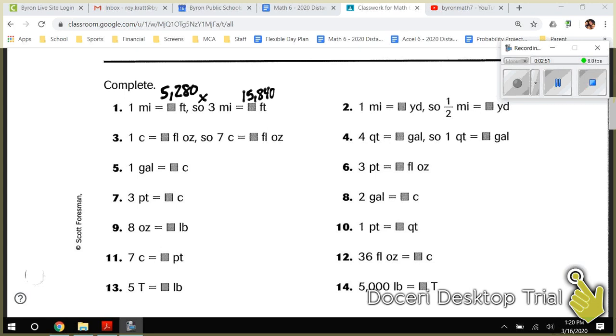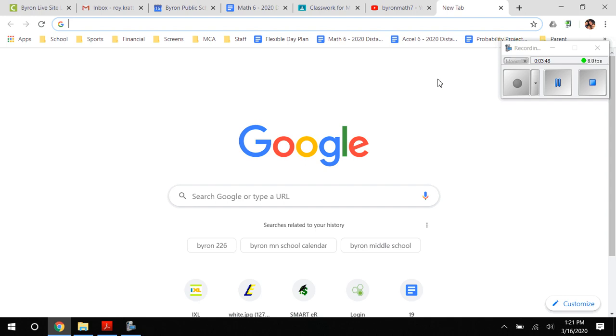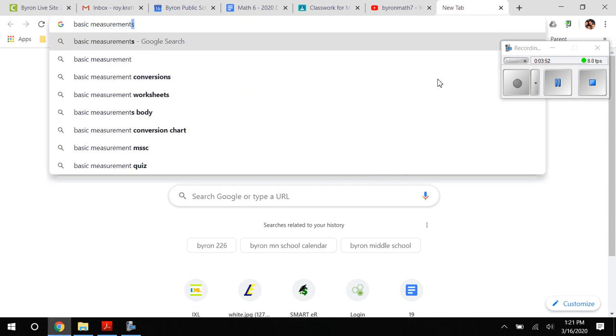Again, if you're not sure what the conversion is, look it up. You can just do some basic conversions. You can just go to Google here, try to get out of my screen. All right, go to Google. Just do basic measurement conversions.